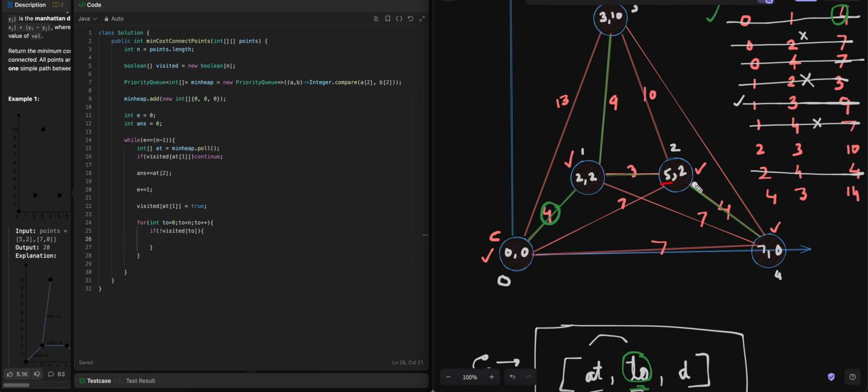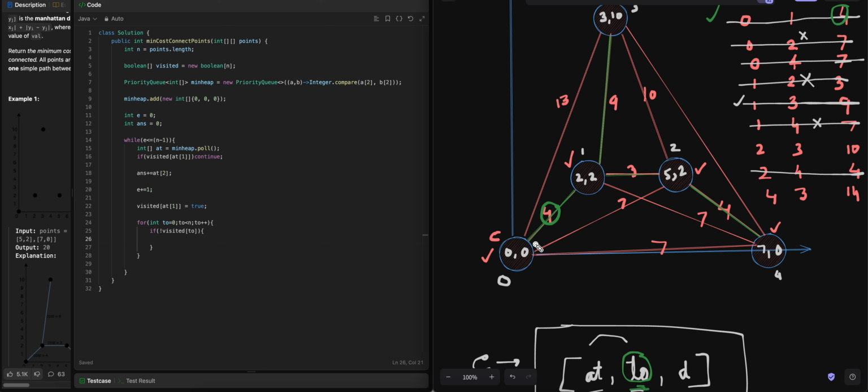When we were at this node, in that case this node was already visited, this node was already visited, so we only need to go to this path and this path, right? So that's why the node or the vertex which are already visited, for them we don't have to do any calculation, we simply have to skip them. Okay, so yeah, now let's proceed.